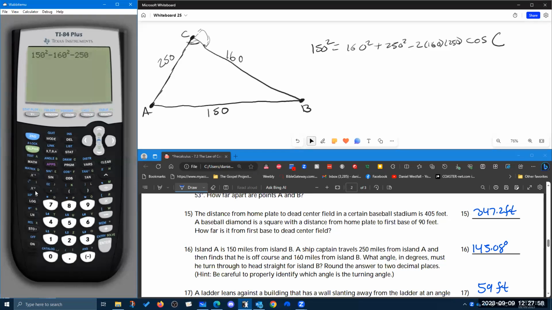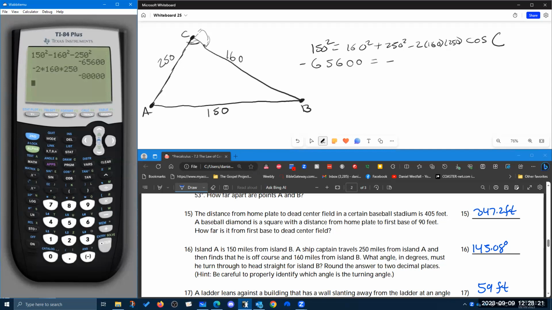big negative number over here, negative 65,600, minus 2 times 160 times 250.